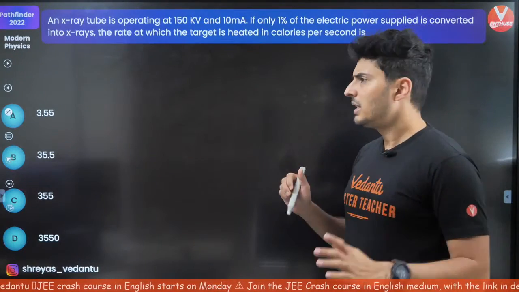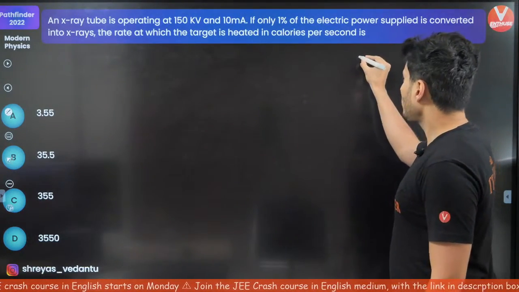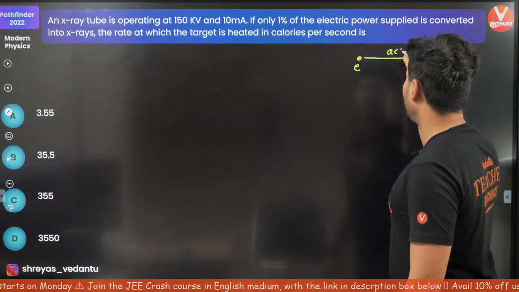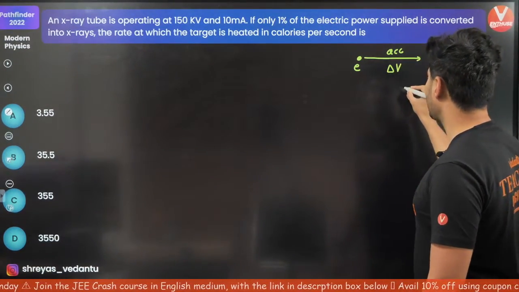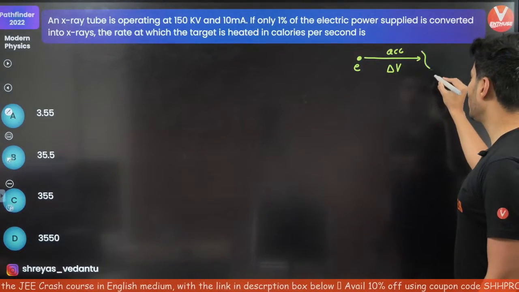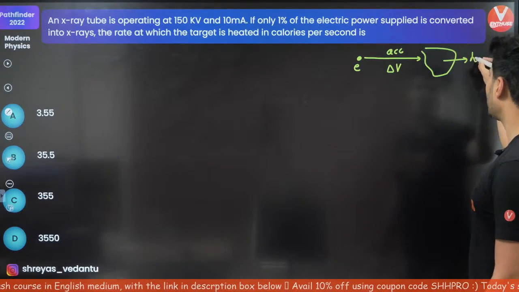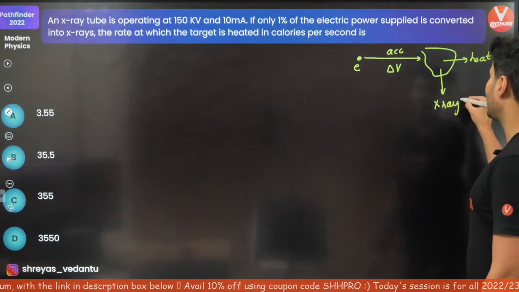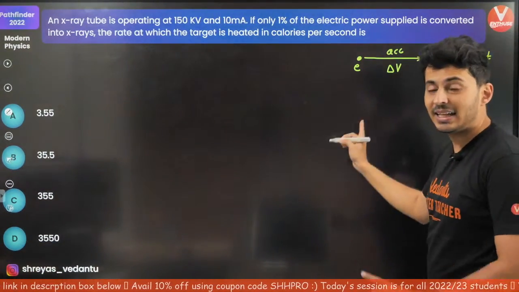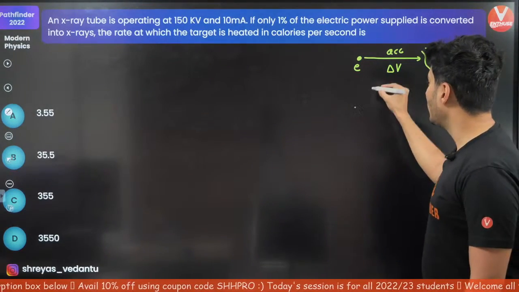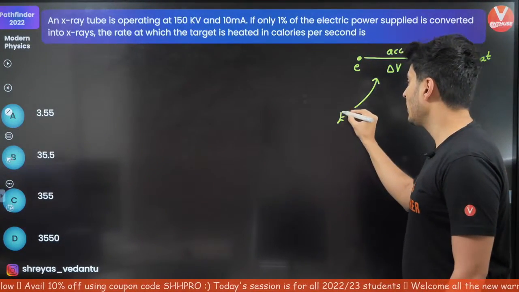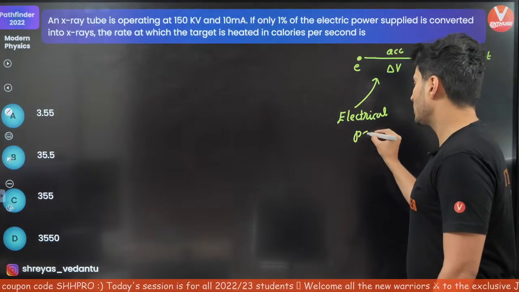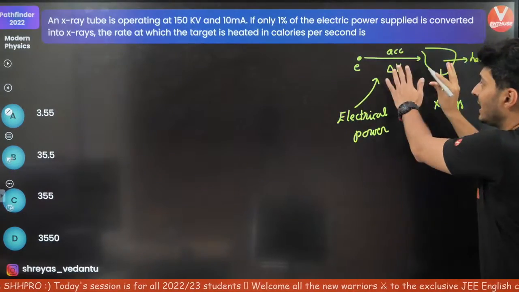Let's find this out. See, we all know that the electrons are accelerated via that potential difference, and some of that energy will get lost in the form of heat. Some of it will go into X-rays. Now, where do you supply that potential difference from? That is your electrical power. So the electrical power goes into accelerating it.